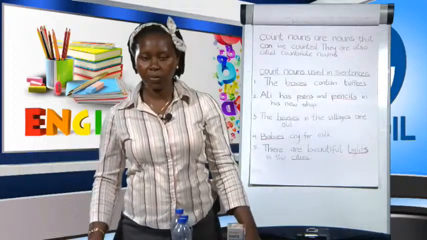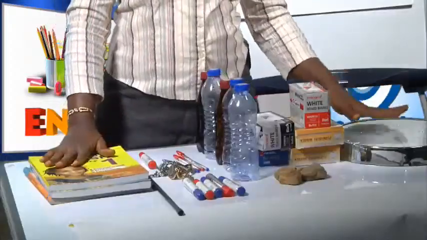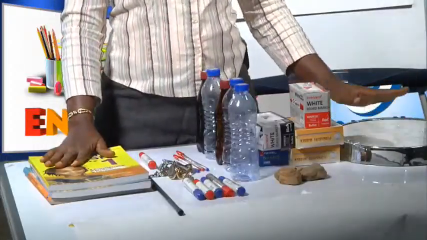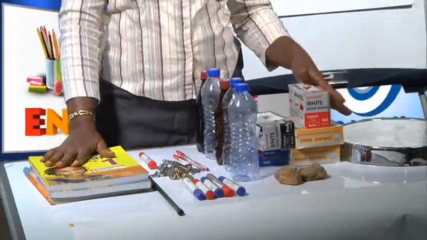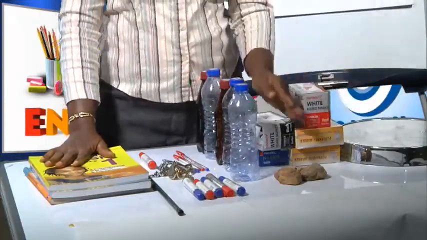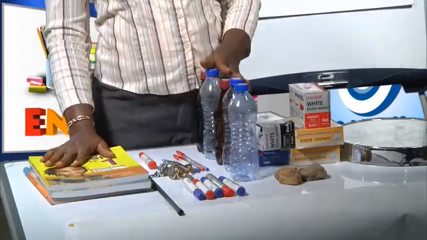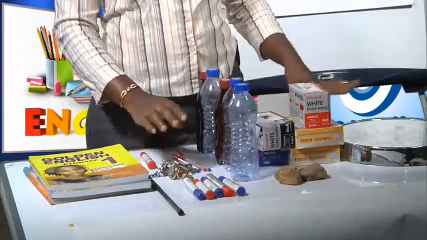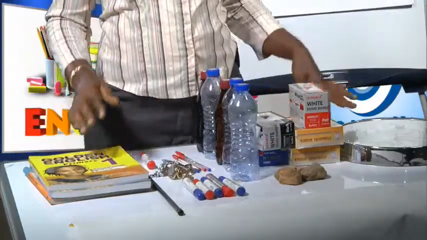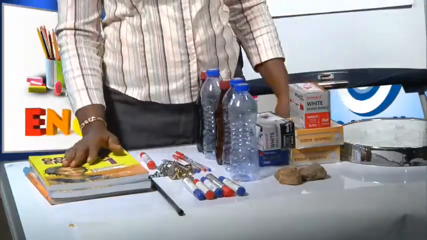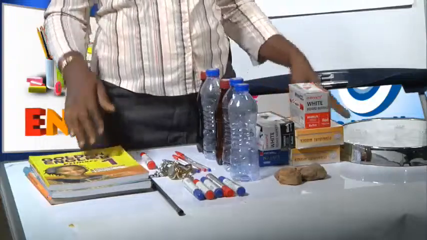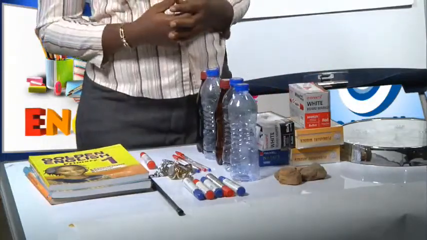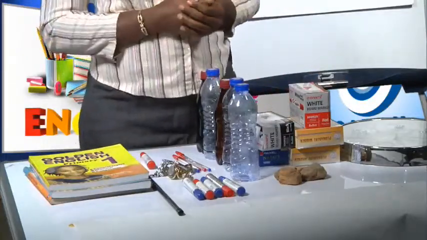We had 3 books, 1 clock or a clock, 5 boxes, 5 stones, 6 bottles, 7 markers, 3 watches, and so on. So if we can count the nouns, we call them countable nouns or count nouns.